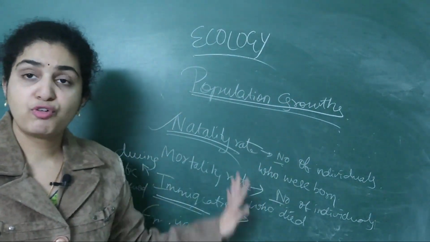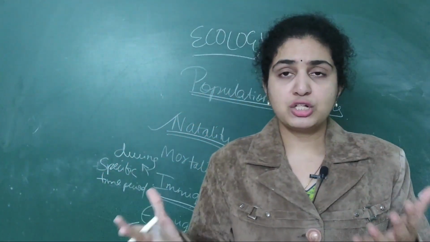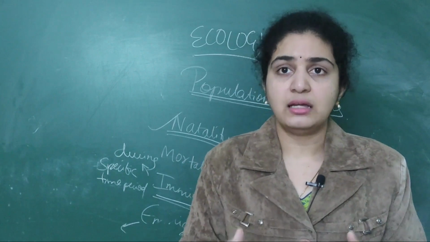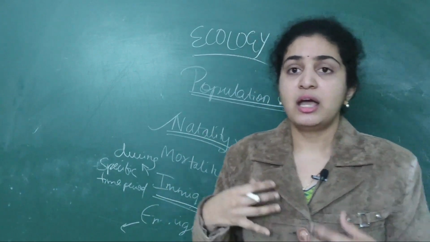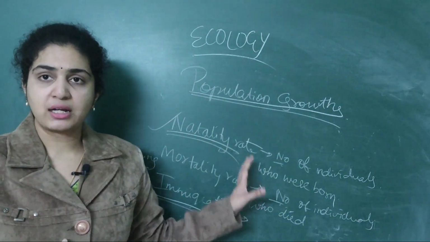So based on these four rates, we are able to calculate the population growth, population density, the size of the population. Everything you are able to measure based on these four factors only.